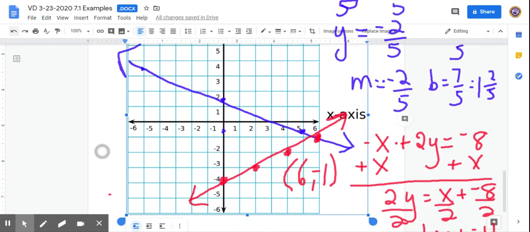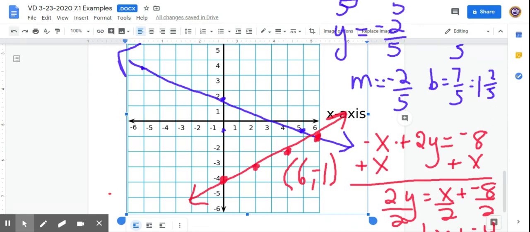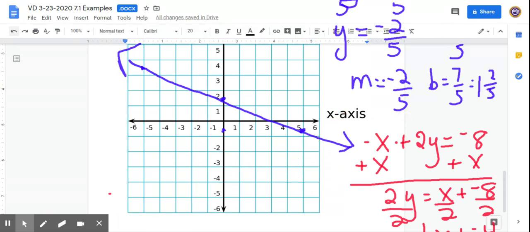Whew. I don't know why that's like that. Can I get rid of it? Not really sure. There we go. Well, I'm just going to draw my line back in there, guys.